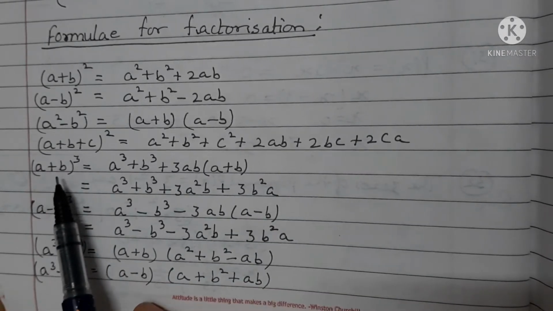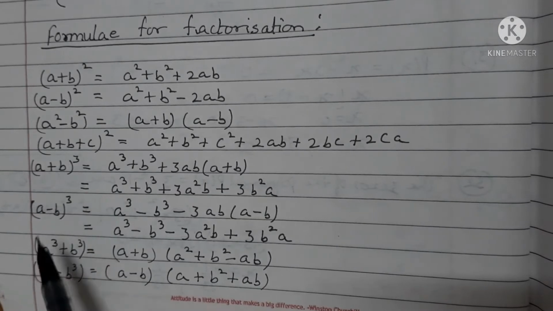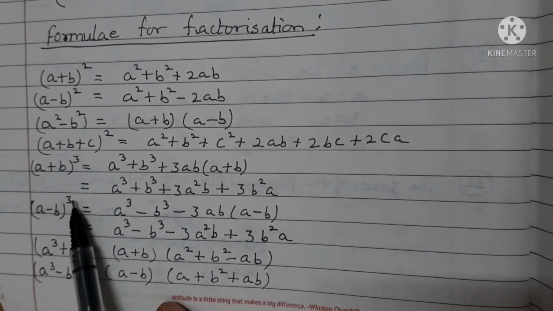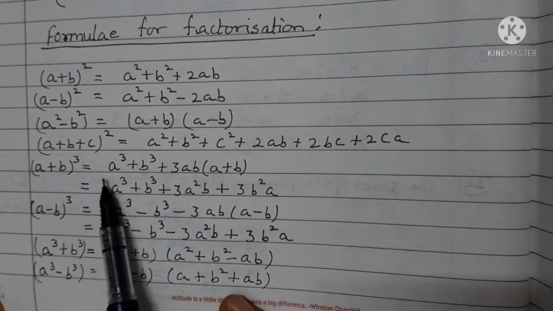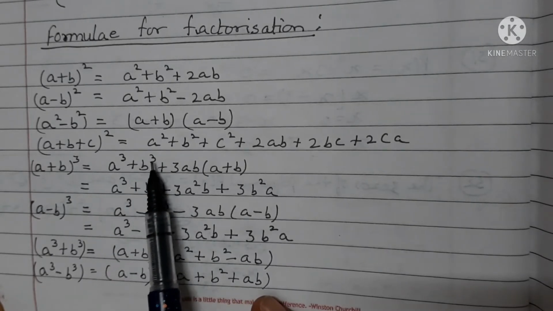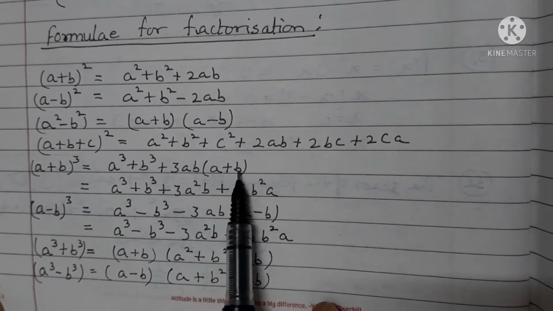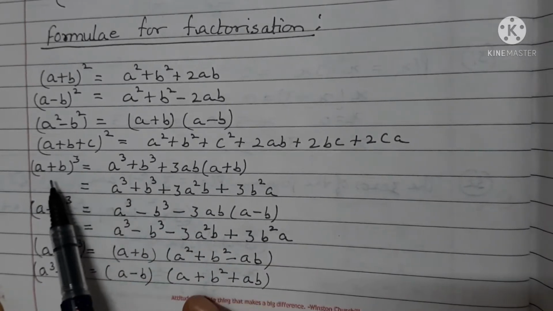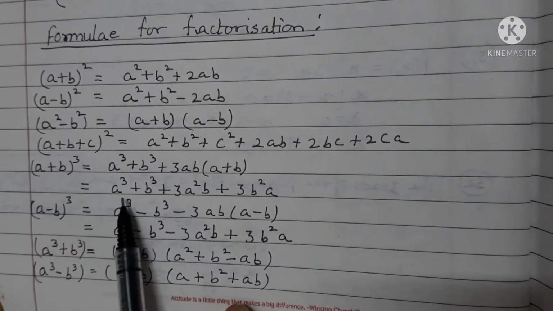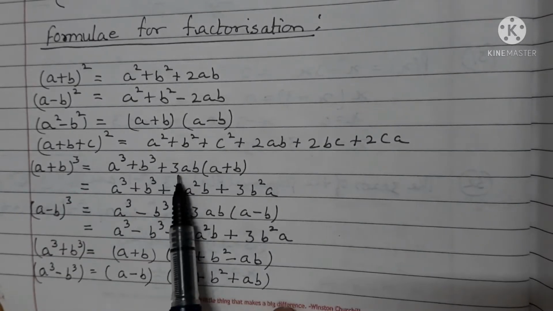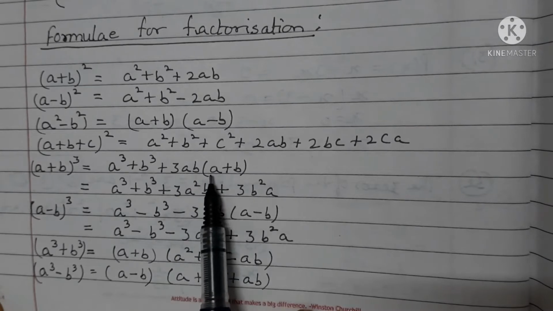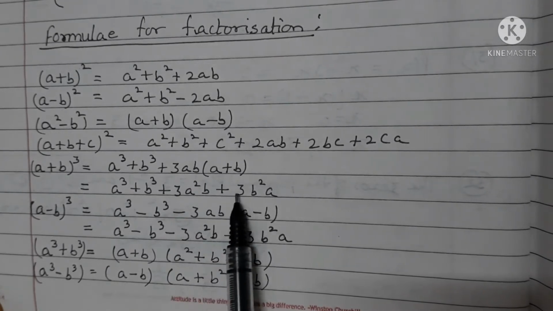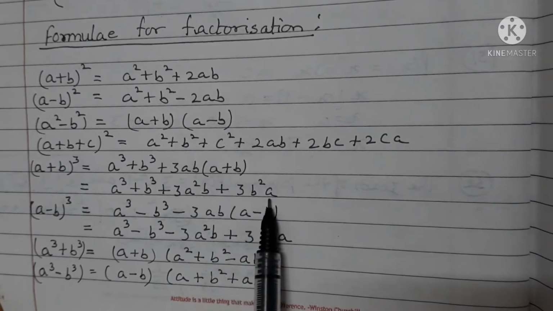Now these are the formulae based on cubes. A plus b whole cube and a minus b whole cube. How to learn? A plus b whole cube is equal to a cube plus b cube plus 3ab times a plus b, and you can make another form of a plus b whole cube: a cube plus b cube plus 3a square b plus 3b square a, when you multiply 3ab into the bracket.